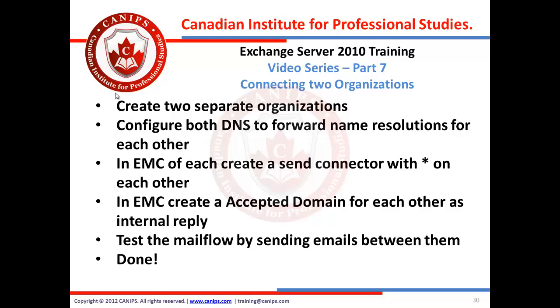And then in order to configure mail flow between both of them, what we need to do is first of all make sure that they're both either on the same network, or they are both on a routable network, or they both can reach each other by IP address.